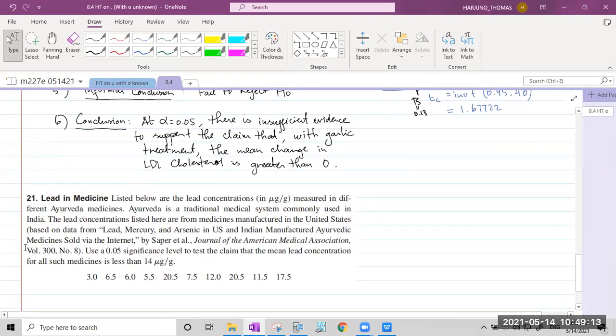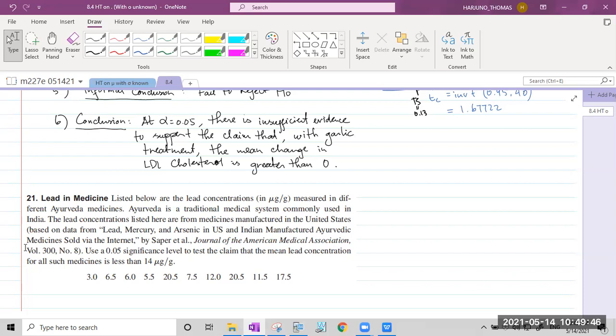Listed below are the lead concentrations in micrograms per gram measured in different Ayurveda medicines. It is a traditional medical system commonly used in India. The lead concentrations listed here are from medicines manufactured in the United States. So even though that traditional medical system is from India, the medicines are manufactured in America.